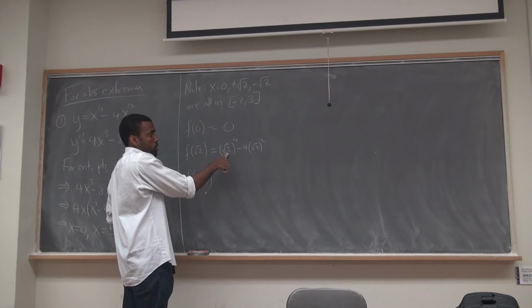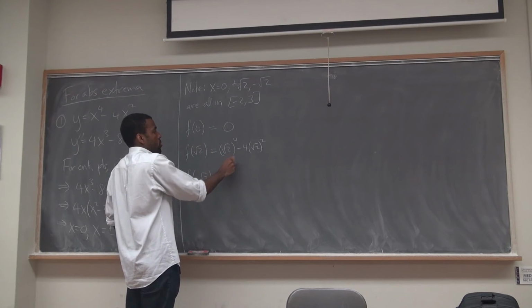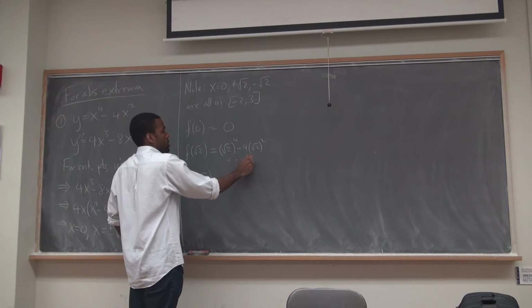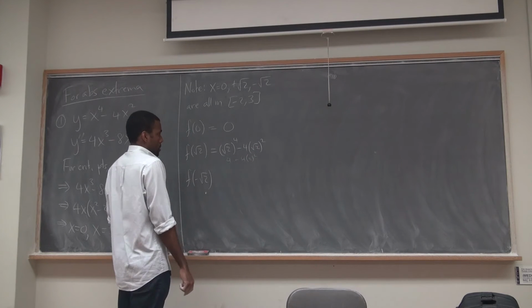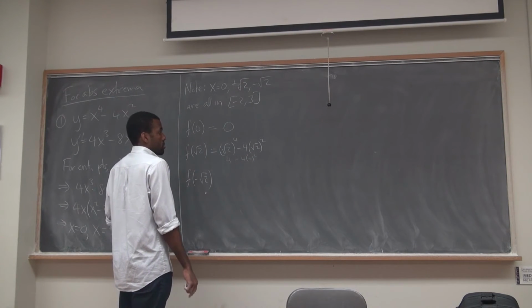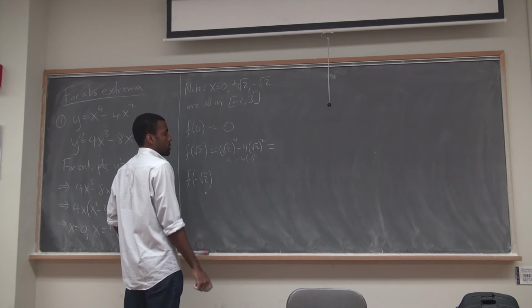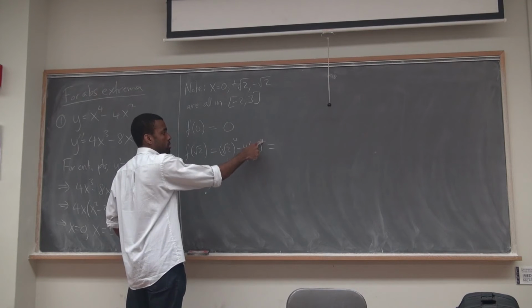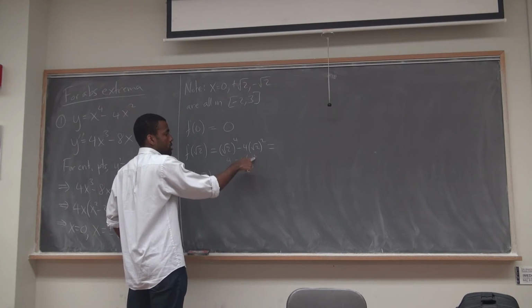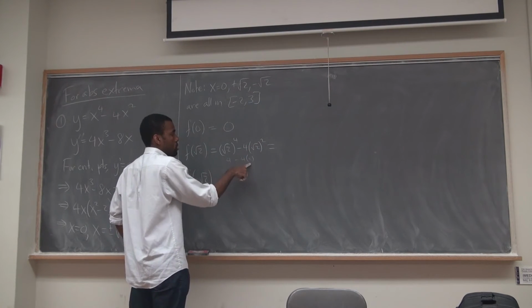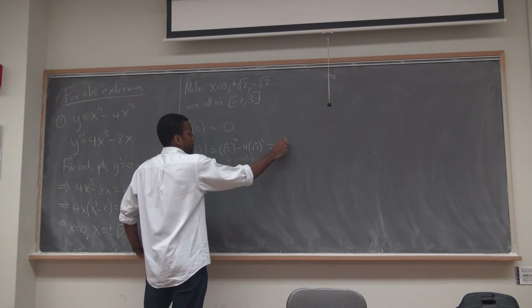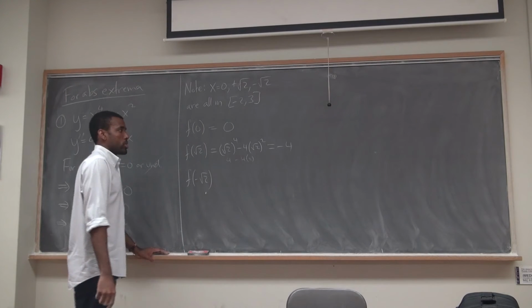Radical 2 squared is 2, square that again, so this would give me 4. Radical 2 squared is 2, so that's 4 minus 8, which gives me negative 4. Minus 4 is going to be the lowest value.